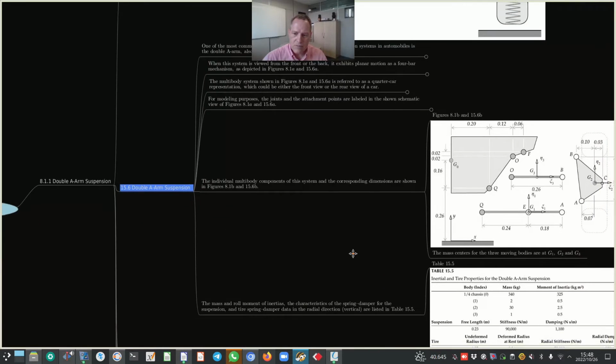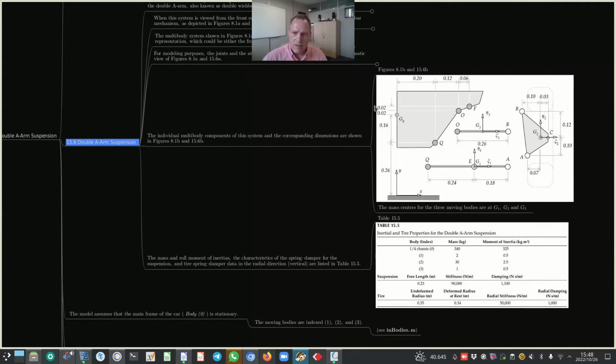Suffice to just quickly, briefly show you figures 8.1b and 15.6b, as well as table 15.5. This contains all the geometric dimensions, and table 15.5 shows all the parameters that we will need and use to model this double A-arm suspension.